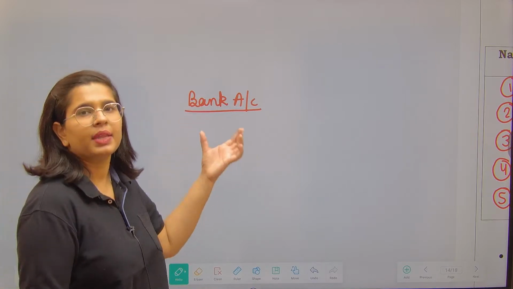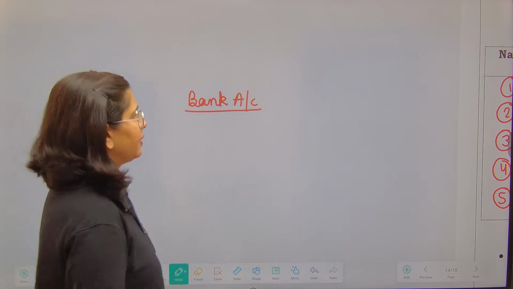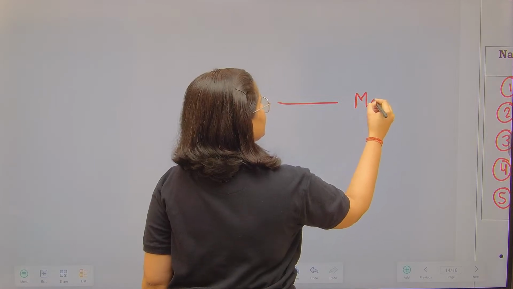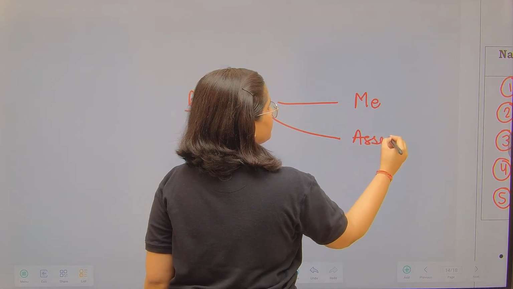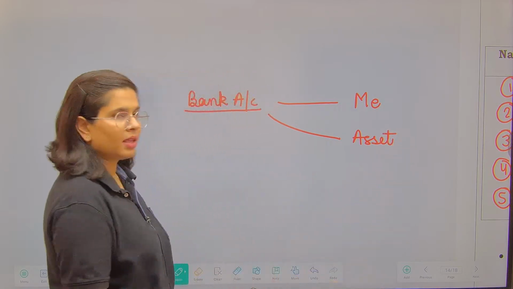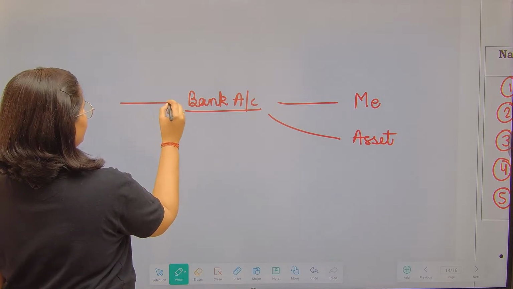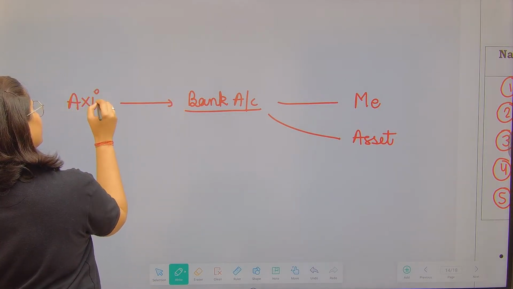Now see over here, bank account. This is my bank account. So this is me. And this bank account for me is an asset. For me, it is an asset. For the bank, let's say I have my bank account in Axis Bank.